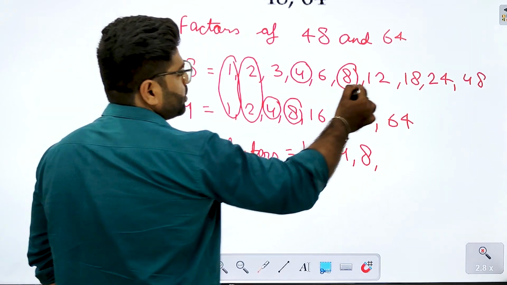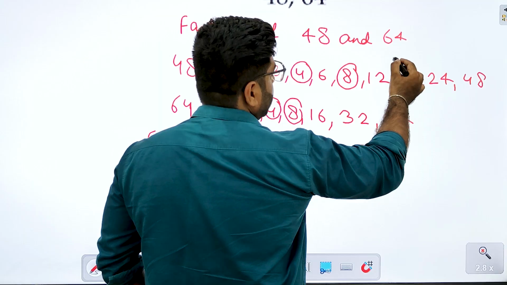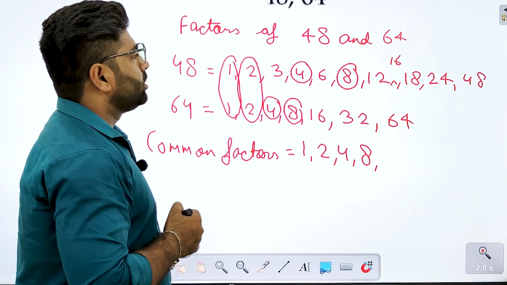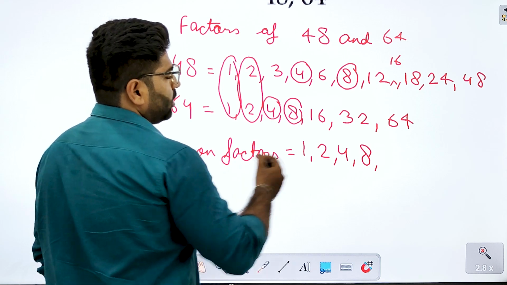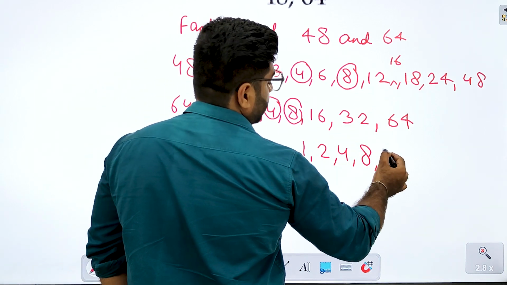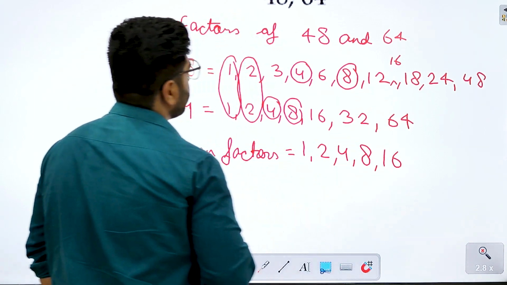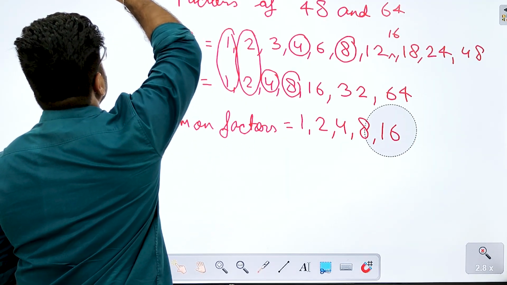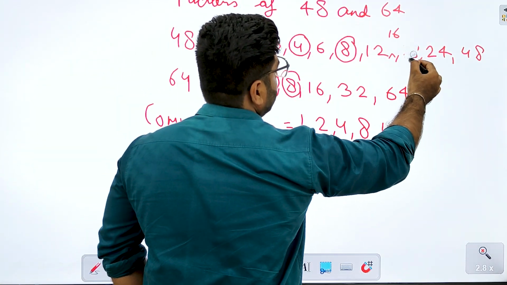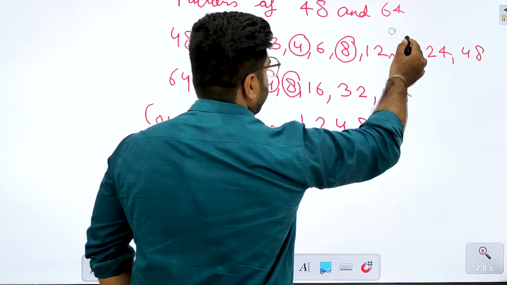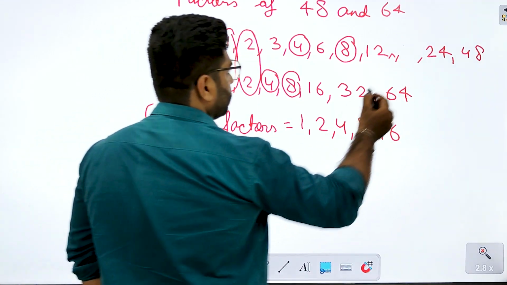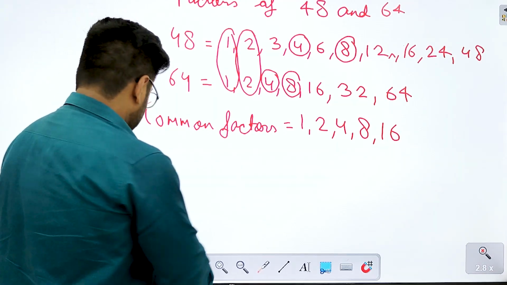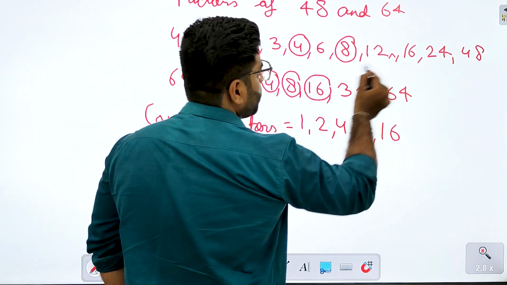I think one factor is missing between 12 and 18. There is 16. This is 16, this is 48. Clear? So we have 16 also. So we have 16 as a common factor also.